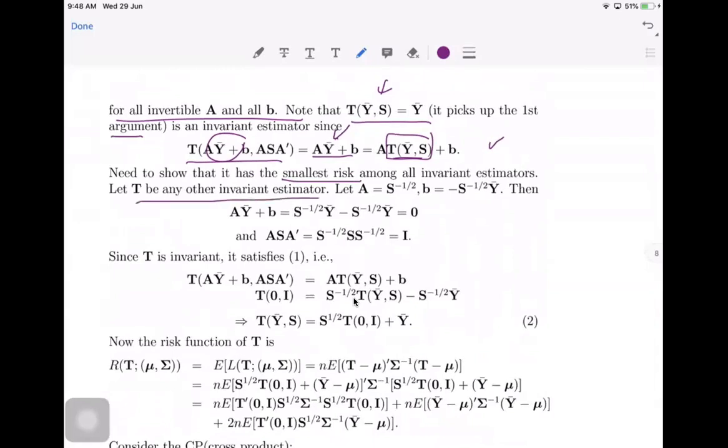Next, you have to show that it has the smallest risk among all invariant estimators. So you choose a competing estimator. Actually, this is similar to what we proved in the univariate case, the parallel discussion, which is Theorem 6.2.